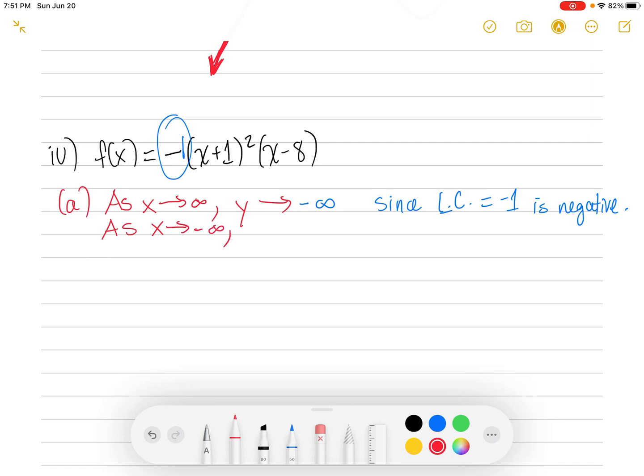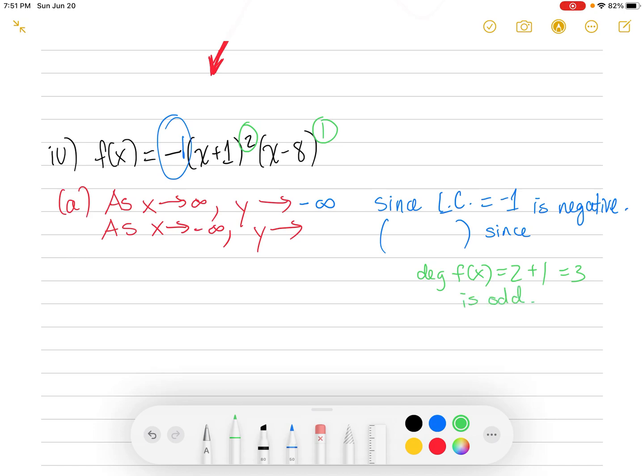So what about the left side as x goes to negative infinity? What would y do? Well, we're going to focus on what's comparable to the right side. What will the left side do compared to the right side? Well, since the degree of the polynomial is, so what's the degree? You're going to take 2 here plus 1 here. Add up those multiplicities, get a degree of 3 overall.